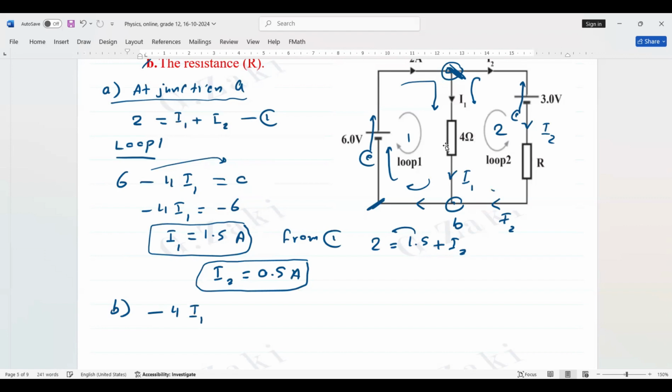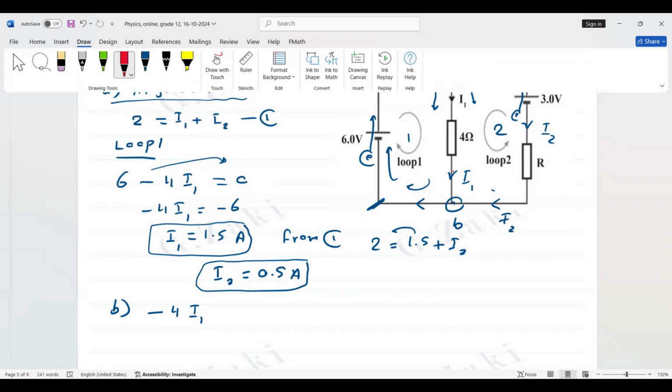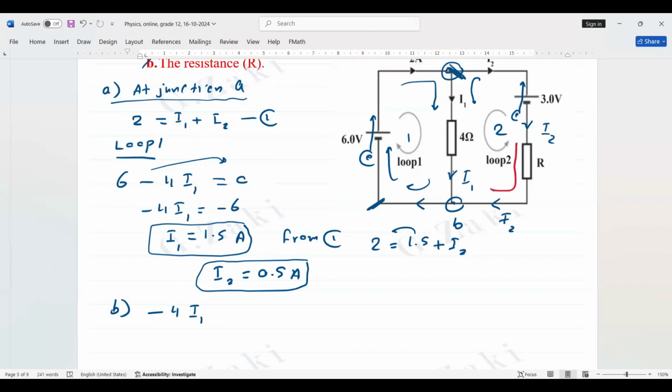Now, can you see here? I draw this with red to be clear. This is the direction of the loop. But the current in the circuit, I2, is opposite to the direction of the loop. Opposite means negative.